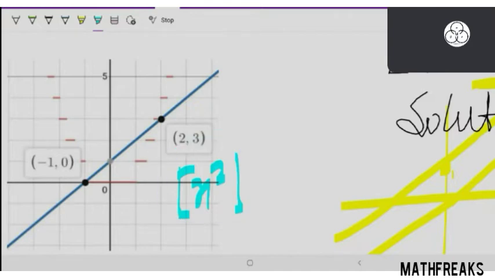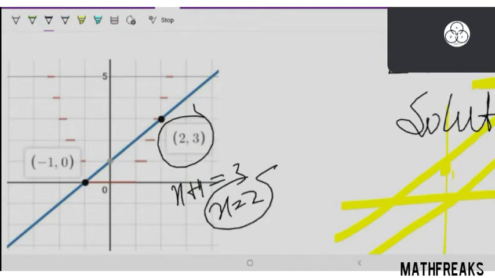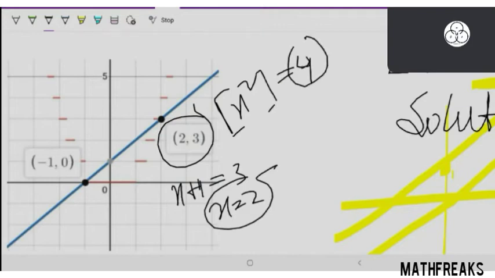Why is this discontinuous? Let me give you the reason. When x plus 1 equals 3, x equals 2. But when x equals 2, box x square will be equal to 4. So at this point, the graph is discontinuous.